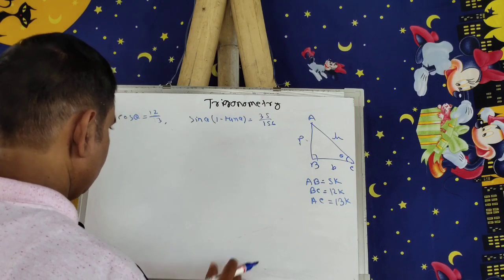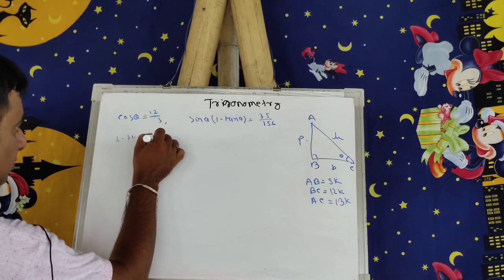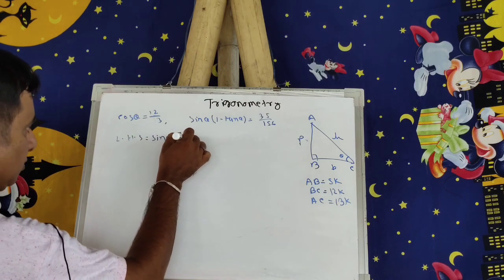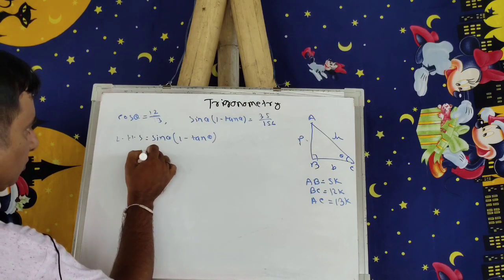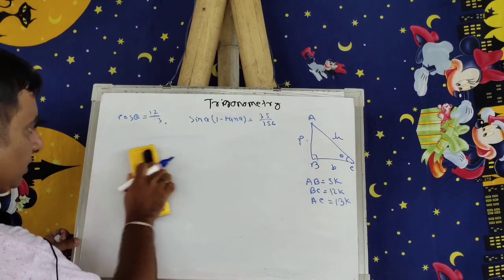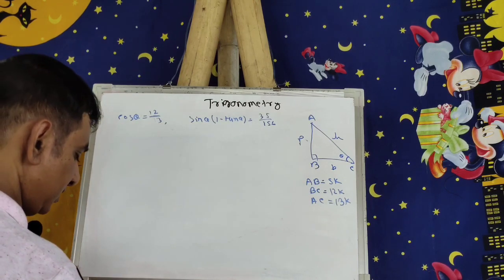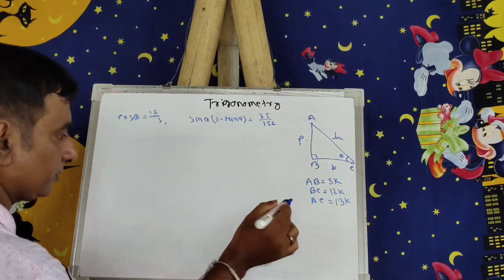So, left hand side, this one. So first I need to find out the value of sin theta and tan theta, because in this question I require only the value of sin theta and tan theta, rest I will not find out.